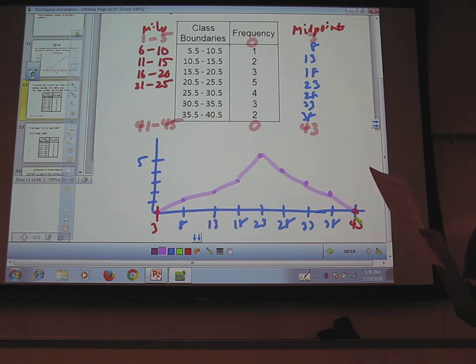So the quiz problem you guys just did, you're going to make a frequency polygon, which means you need to find the midpoints for all those classes, right? Find all the midpoints for them. You can write that in on your quiz if you like. And then create a frequency polygon. Just not a relative frequency, just a regular frequency. Just use the numbers. It's fine.